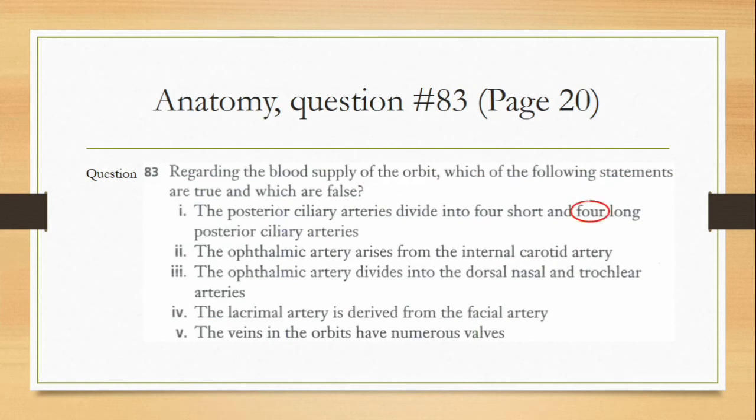Question number 83 about anatomy. It's about the blood supply of the orbit, and the first statement says that the posterior ciliary arteries divide into 4 short and 4 long posterior ciliary arteries.